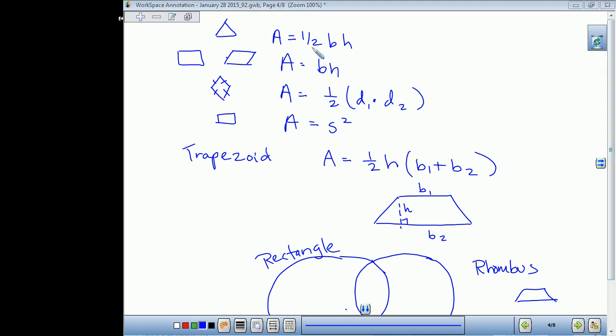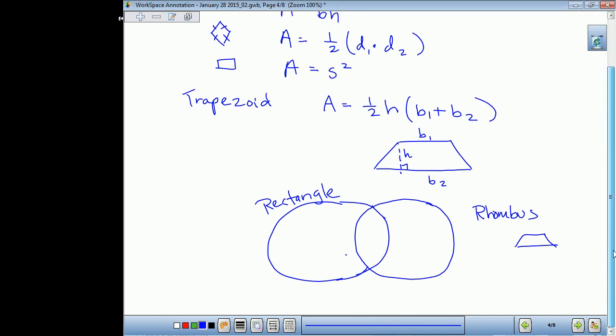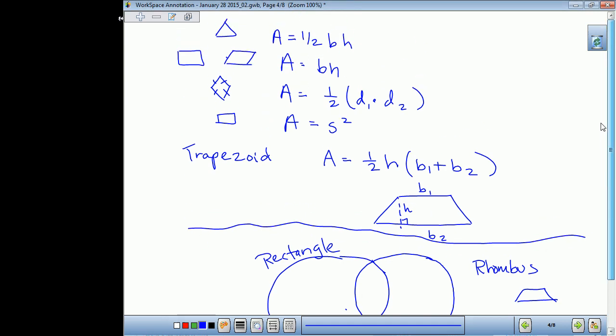So these are the formulas that were on that worksheet, but we also talked about trapezoid yesterday. Those are the ones we should know for the test.